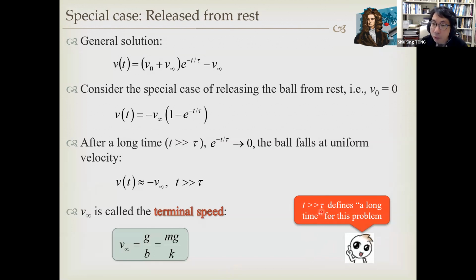That's why we want to define this time scale, because we want to know how fast the speed is changing for the particular problem. And you can see the terminal speed can also be expressed in terms of this time scale. It's actually g tau. The acceleration multiplied by tau will give you the terminal speed.